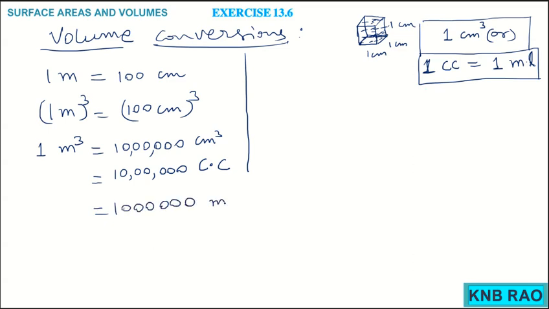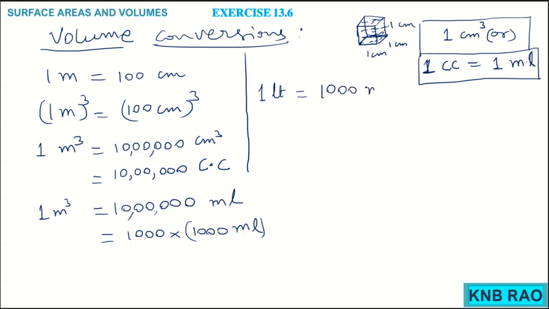and say 1 meter cube is equal to 10 lakh ml, or 1000 into 1000 ml. Why I wrote 1000 into 1000 ml? Let me tell you. You know that 1 liter is nothing but 1000 milliliter.